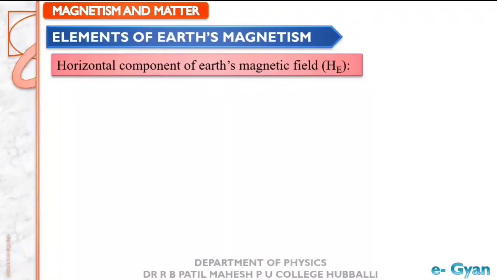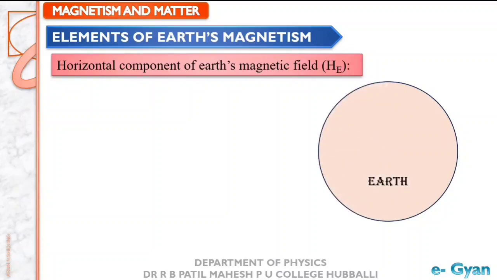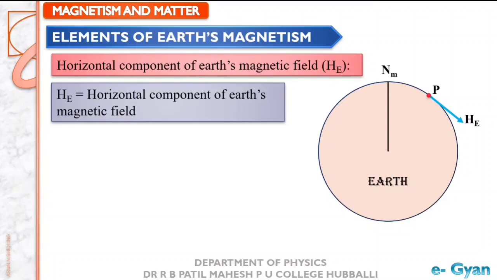Lastly, the horizontal component of Earth's magnetic field, HE. Let us consider the Earth here. Let this line show the magnetic north pole at the top. Let us choose a point P on the surface of Earth, and the blue line shows the horizontal component of Earth's magnetic field.